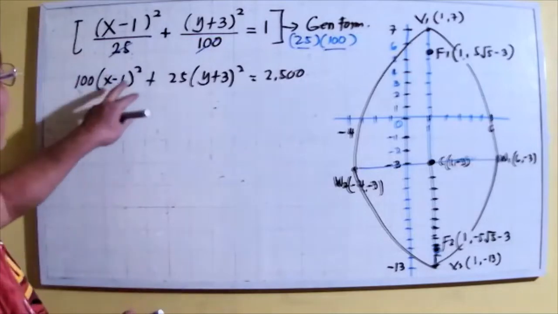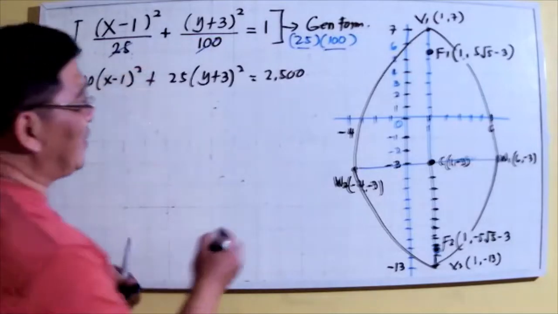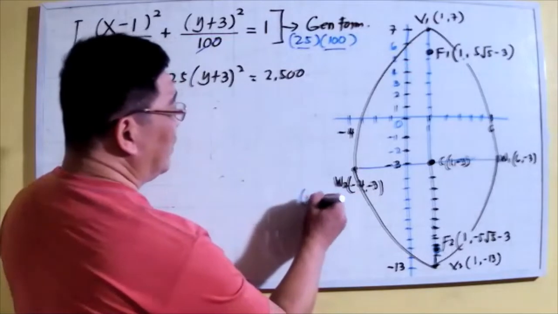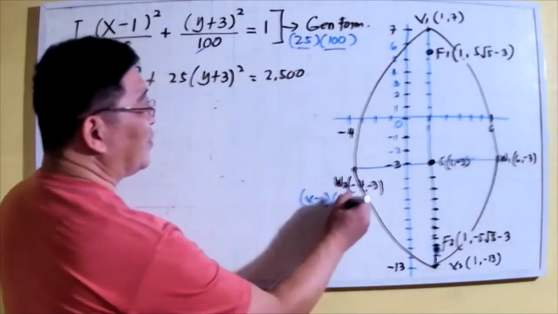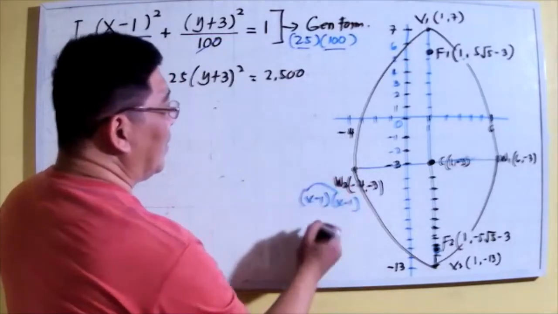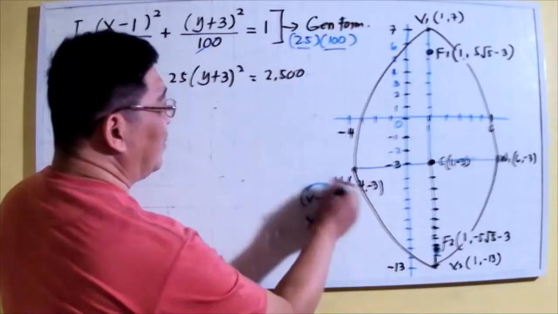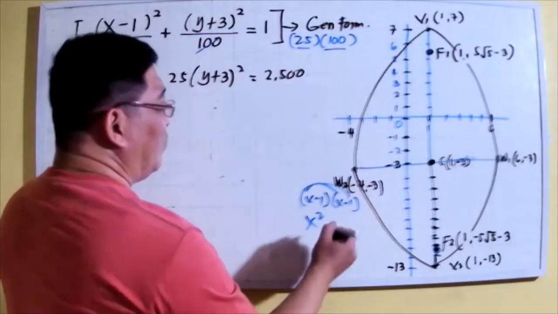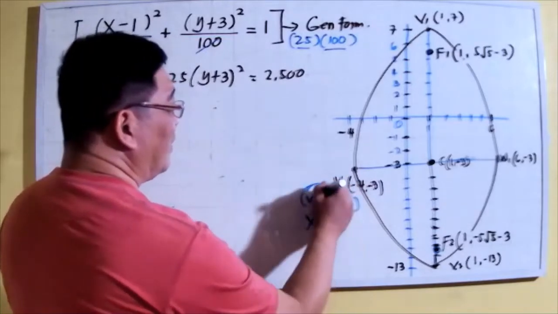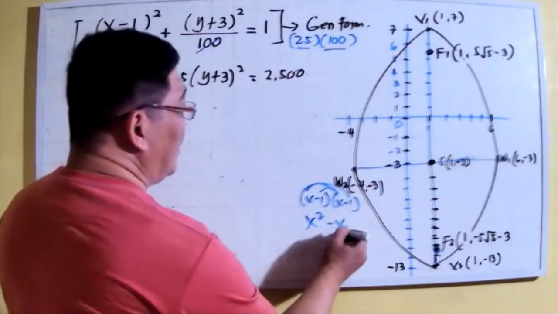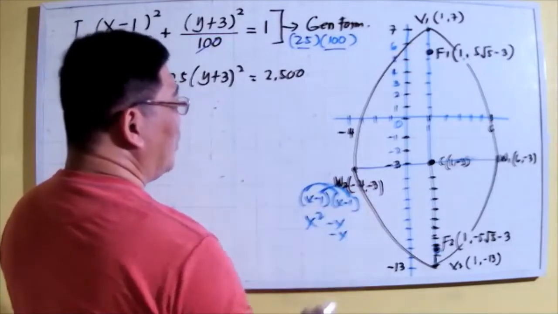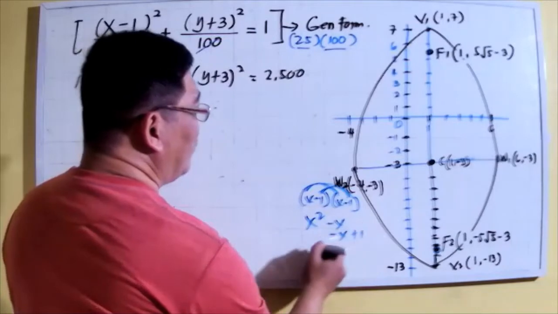Sabihin natin we have x minus 1 squared. FOIL method, x minus 1 times x minus 1, x times x is x squared, x times negative 1, negative x, negative 1 times x, negative x, negative 1 times negative 1, that's positive 1.